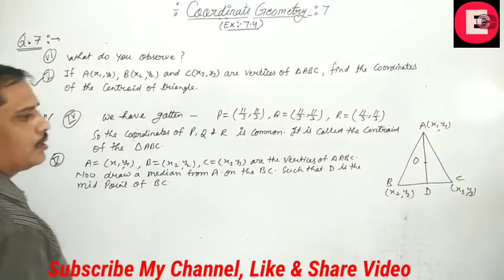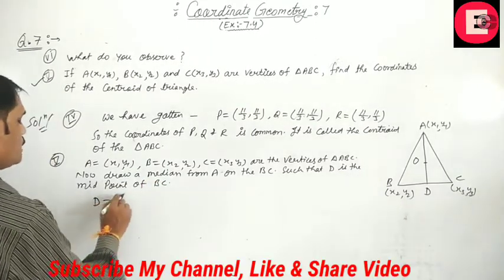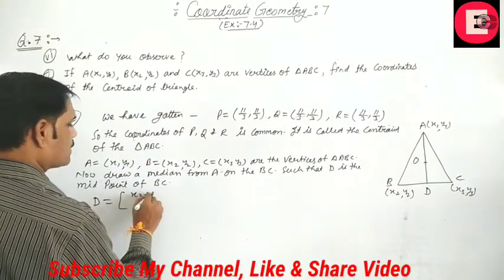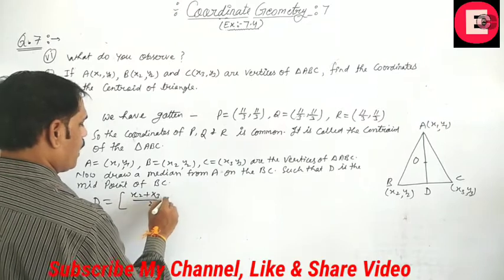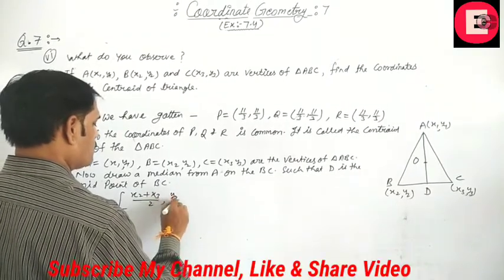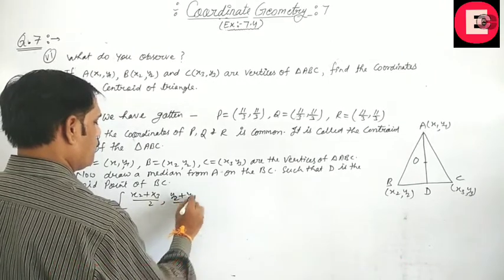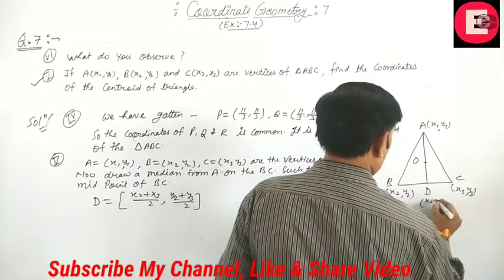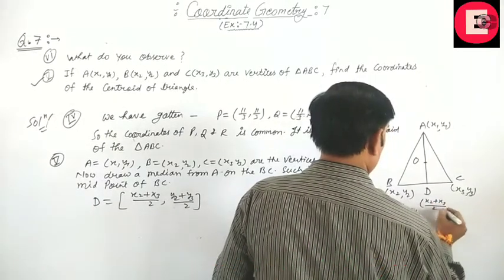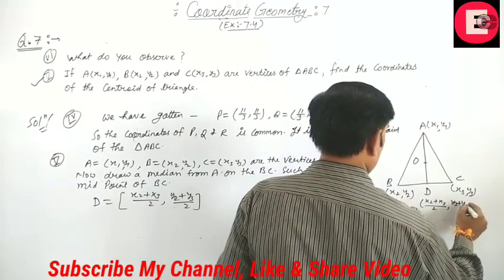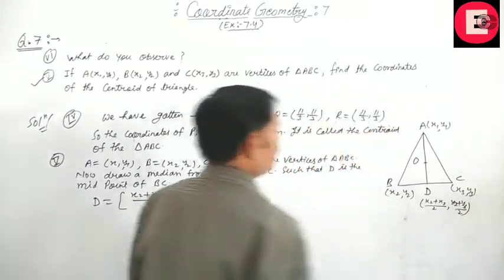Okay. So the coordinate of D is equal to x2 plus x3 upon 2 and y2 plus y3 upon 2.